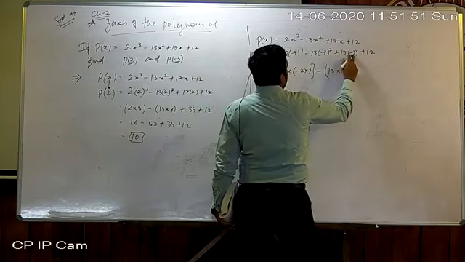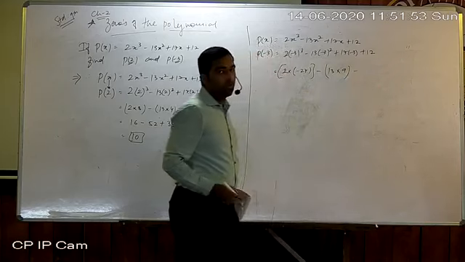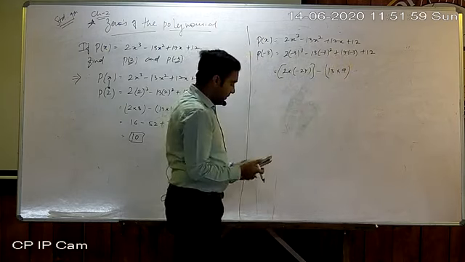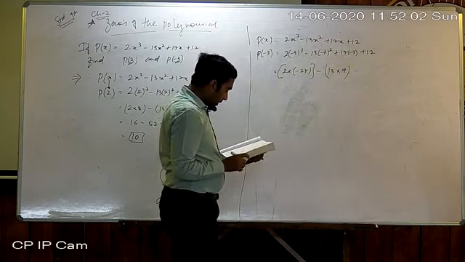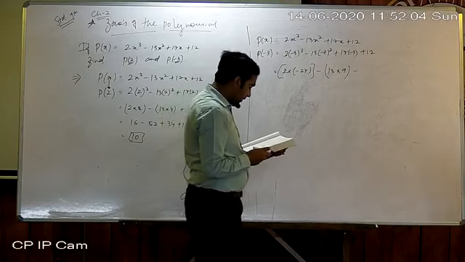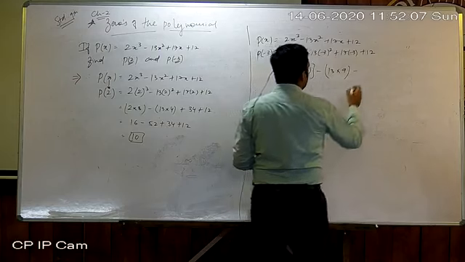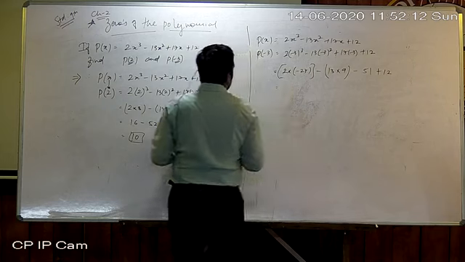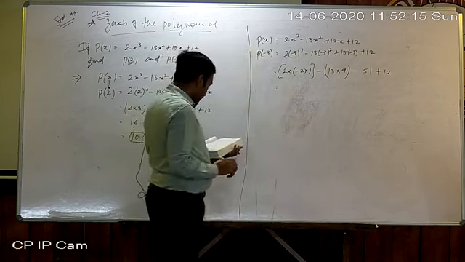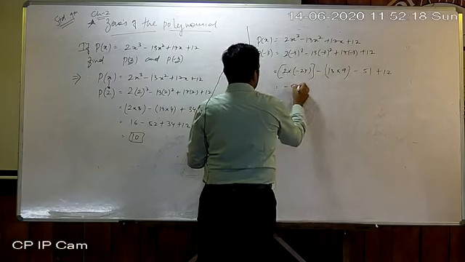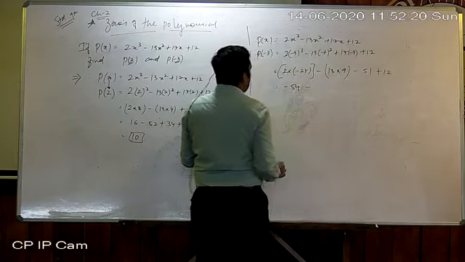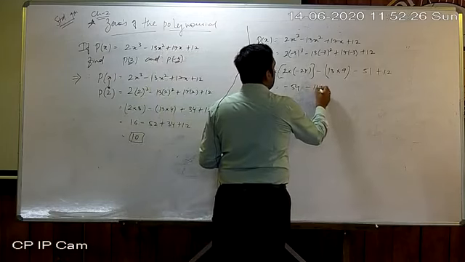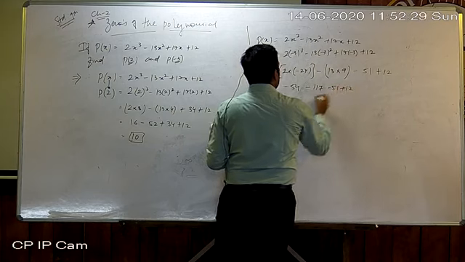17 into 3, plus times minus is minus. Okay, for this plus minus minus. So 17 into 3 is 51, and plus 12. So 27 times 2 is 54, that is minus 54, minus 13 times 9 is 117, so minus 117, minus 51 plus 12.